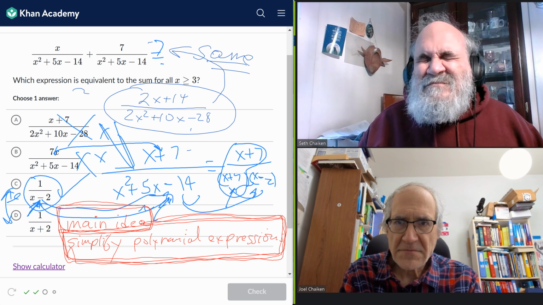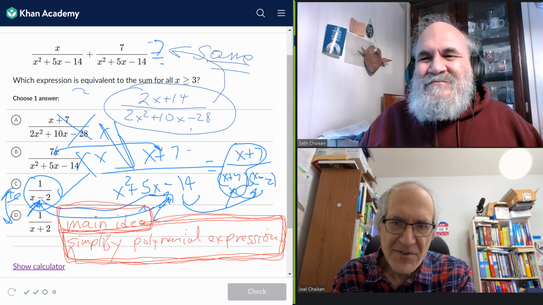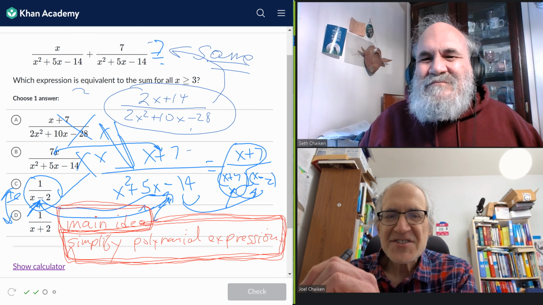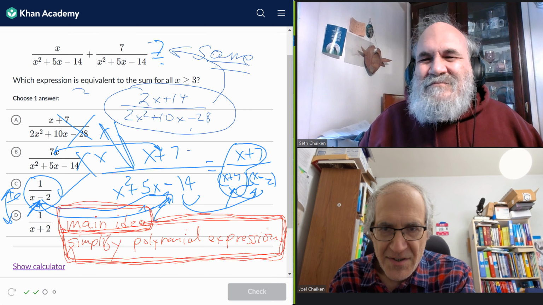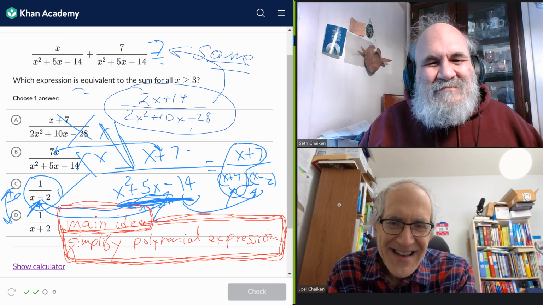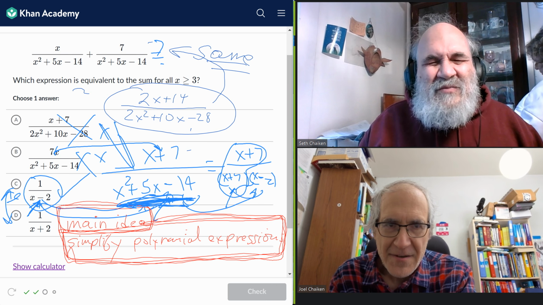Right. The other skill you do need, not necessarily the main idea, because this is just a tool that helps you with the main idea, is that you have to know how to factor things like this.